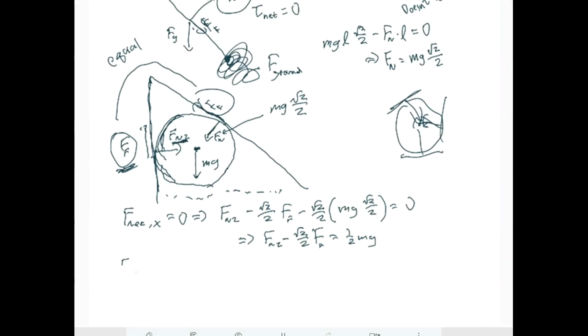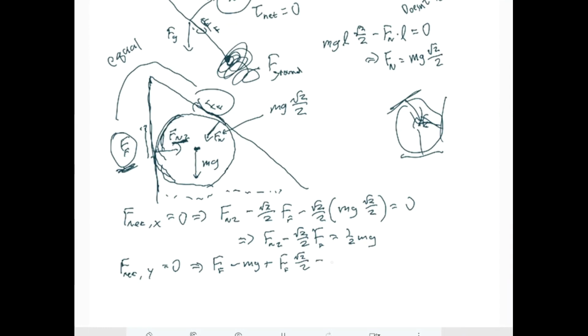F net in the y direction equals 0. So same thing here. We have our first friction force, which is now upwards. There's gravity, which is downwards. And then there is our second friction force, which is 45 degrees upwards, so we have to multiply by root 2 over 2.